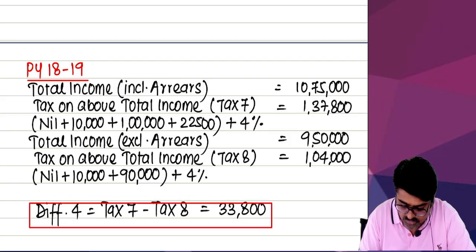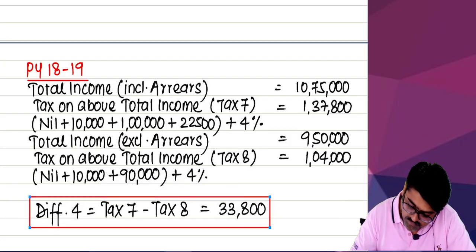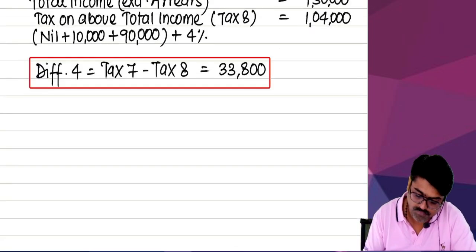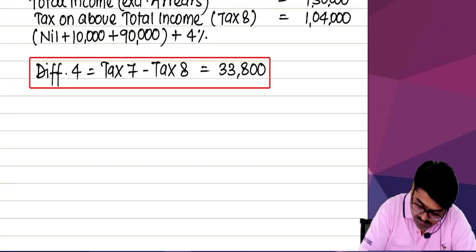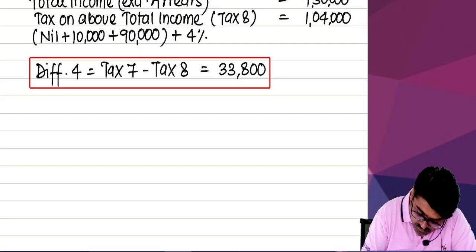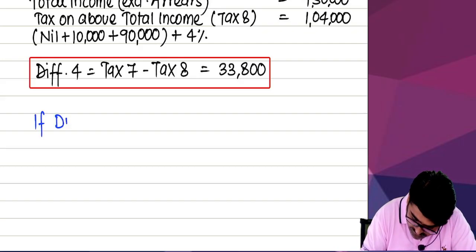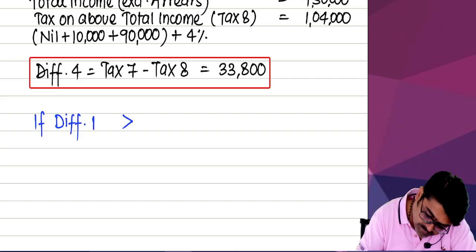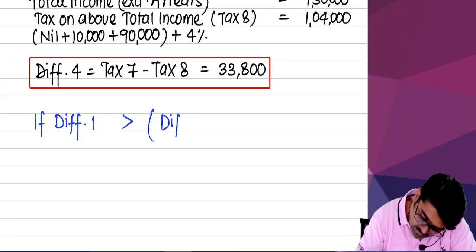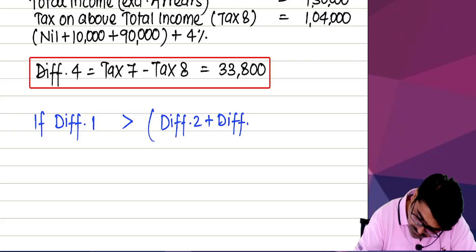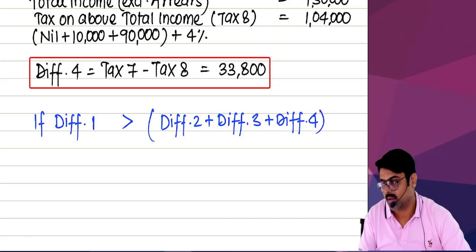So now what are you supposed to do? All the three differences, difference 2, 3 and 4, you are supposed to add all of them. What did I say? If difference 1 is greater than the total of difference 2, difference 3 and difference 4, you are going to get the rebate.